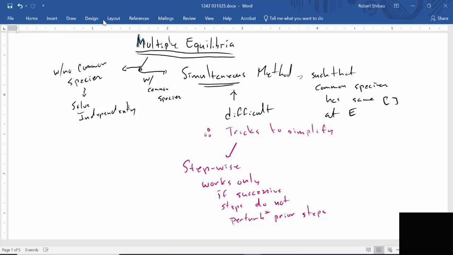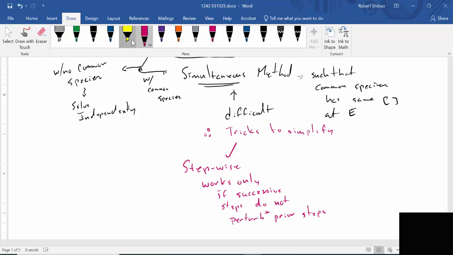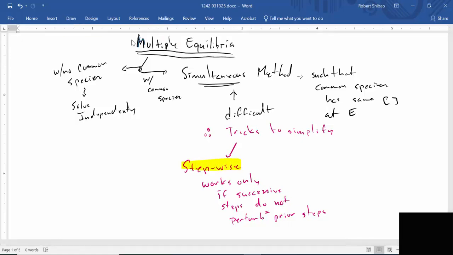And so stepwise is the most common trick to avoid simultaneous. The two previous problems that we did with HCl were stepwise. And if you go back and look, step 2 does not perturb step 1 significantly. However, this is the first one where stepwise failed.